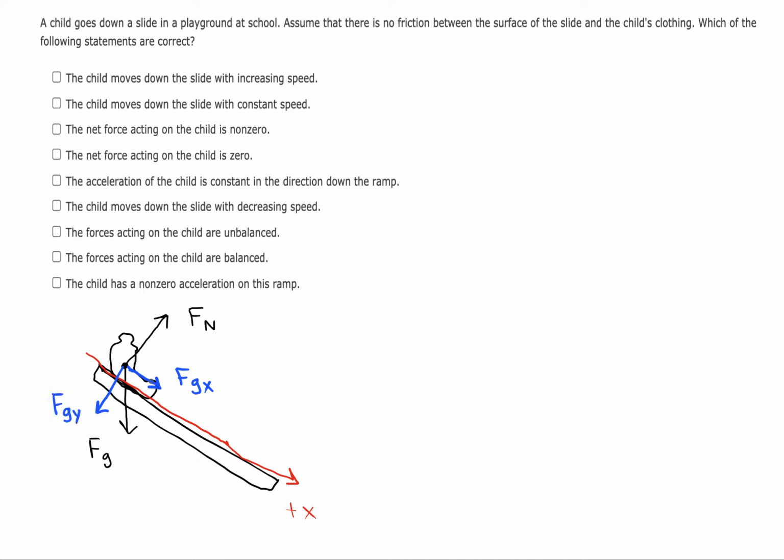This is all part of analyzing an object on a ramp. It makes a rectangle here with the original weight vector.